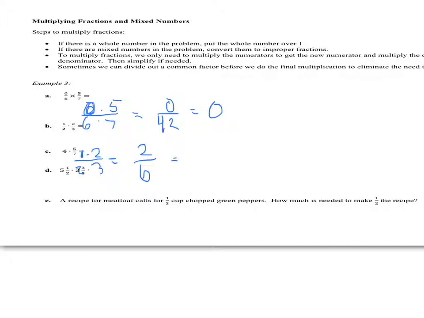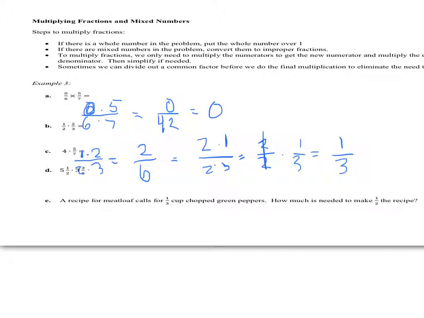There's a common factor in the numerator and denominator of 2. So I can write the numerator as 2 times 1, the denominator as 2 times 3. Break that 2 over 2 off, times 1/3. And then our simplest form for this fraction is, in fact, 1/3.